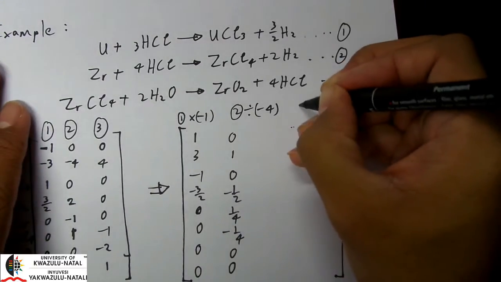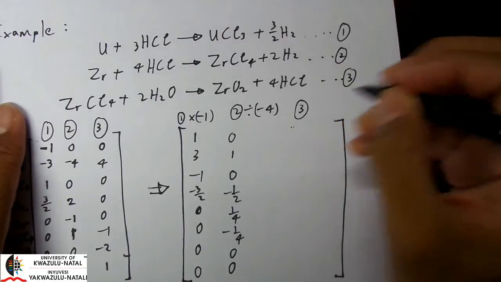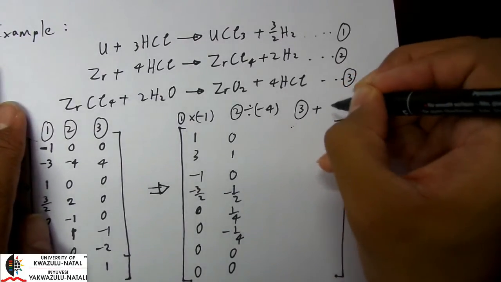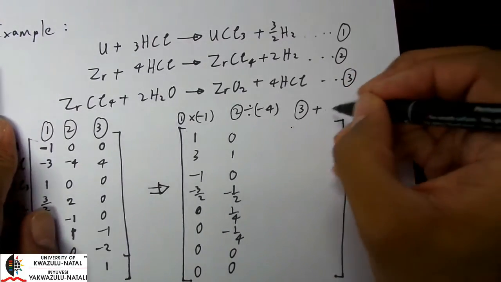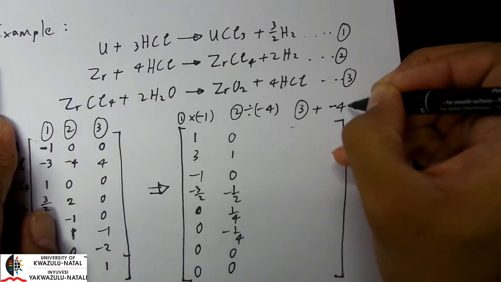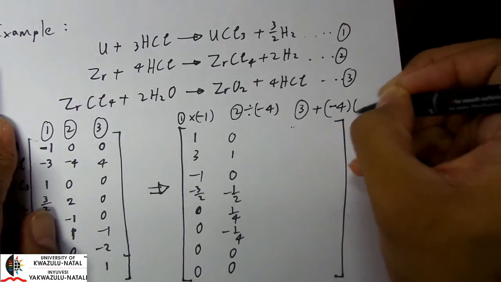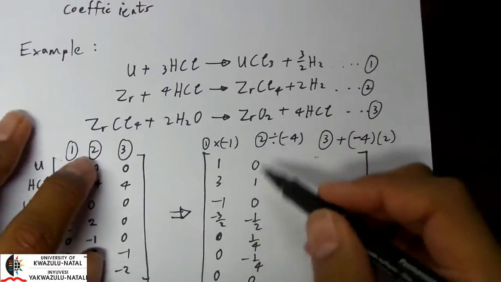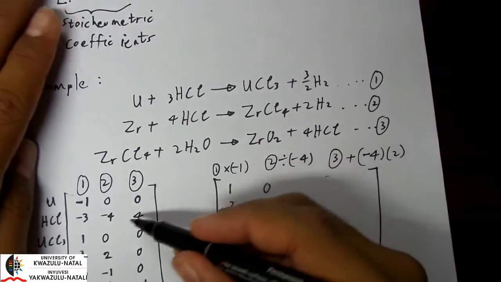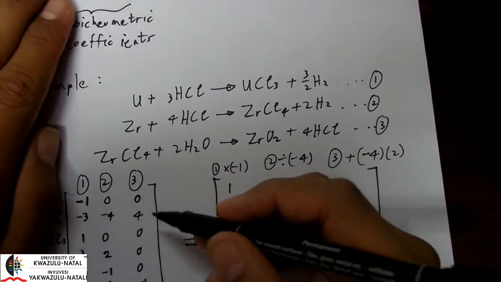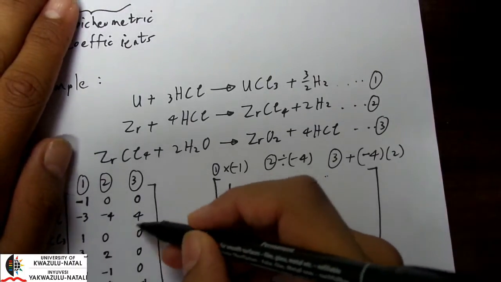And we can do that by adding column 3 to a multiple of column 2, because we want to get rid of this 4, we need to add it to a negative 4.